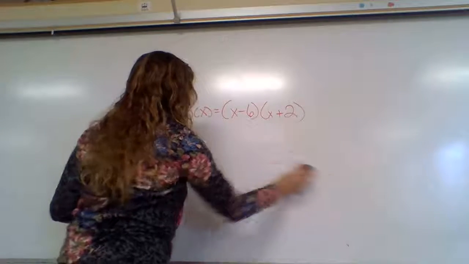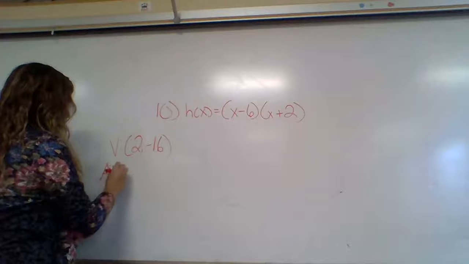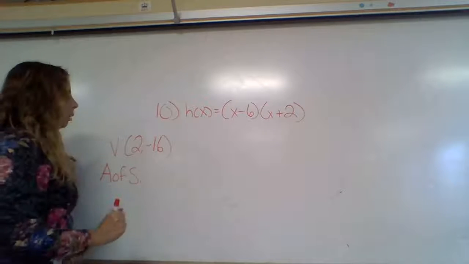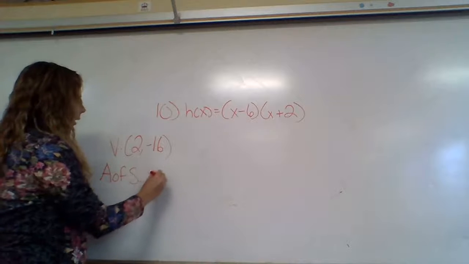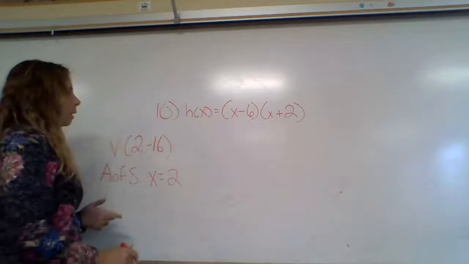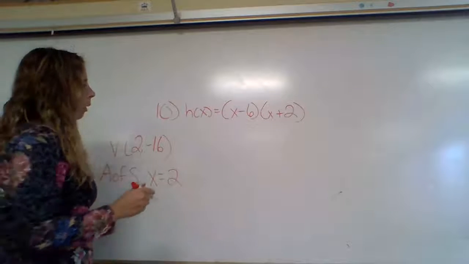So now that you know your vertex, what's your axis of symmetry? It goes straight through your vertex. So it's x equals 2. All right, and then to find your y-intercept, substitute 0 in for x.